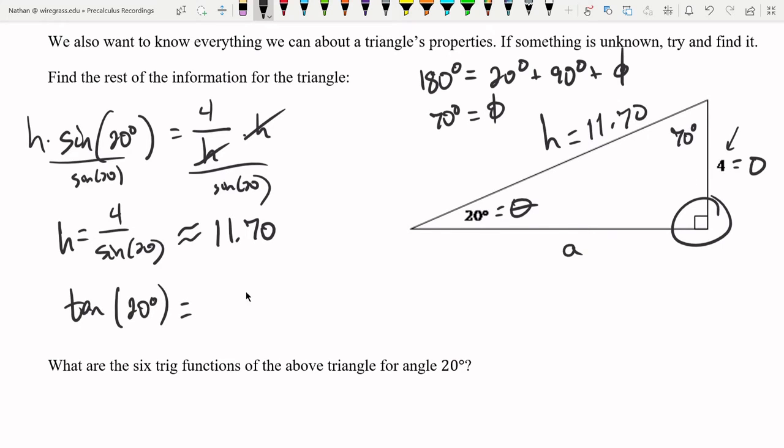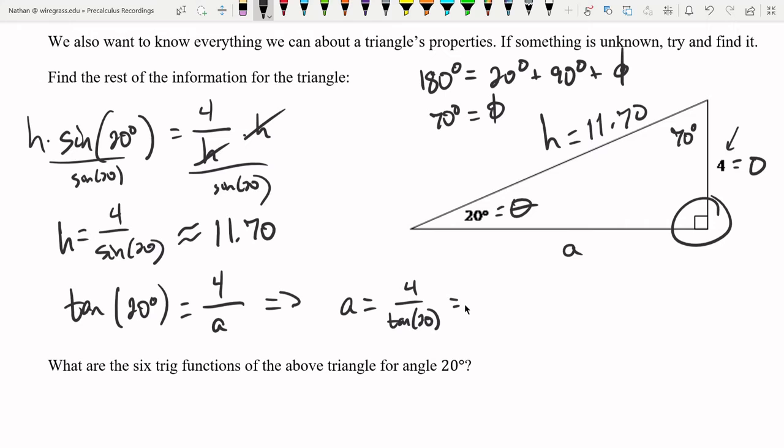equals opposite, which is 4. That's the one that we were given. We know it's 4, over adjacent. I did not use hypotenuse because that's an approximation that I used. I wanted to use the 4 and the 20 that were given. Okay. Doing a similar process, I get A equals 4 over tangent 20.